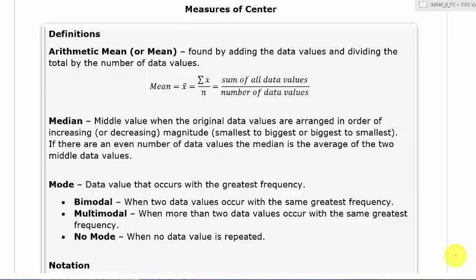So here is the notation. The mean is equal to x with a line over it, and x with a line over it is read x bar. And this notation is what we call the summation symbol.